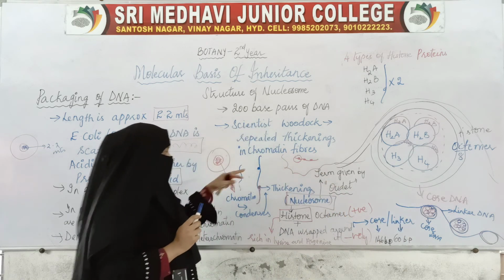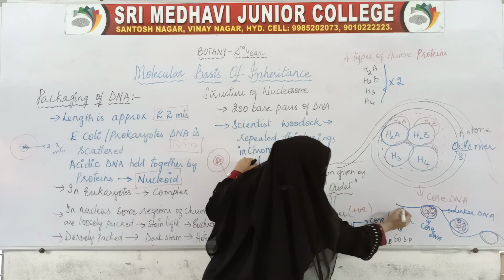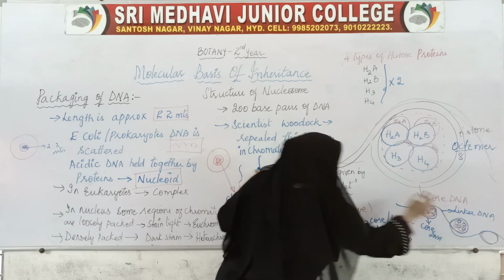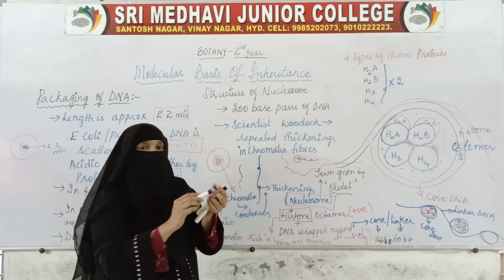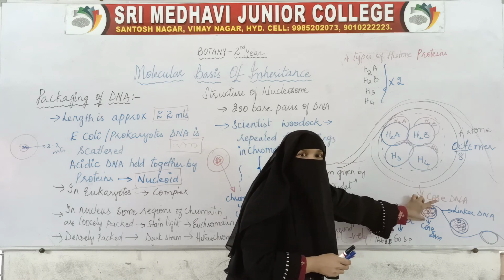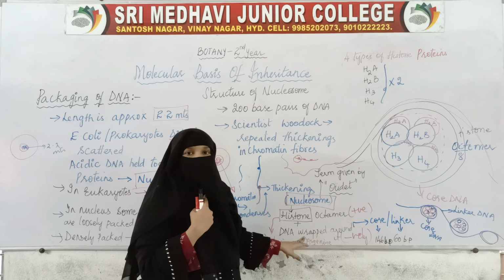Now you understood these thickenings. See here, this is one thickening, then again this one. So like this we find the thickenings. Actually this thickening is nothing but histone octamer and DNA.